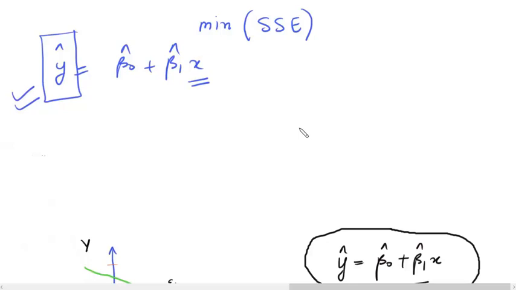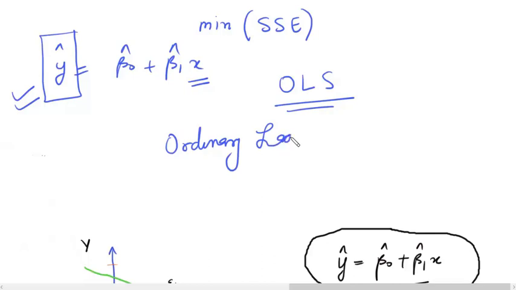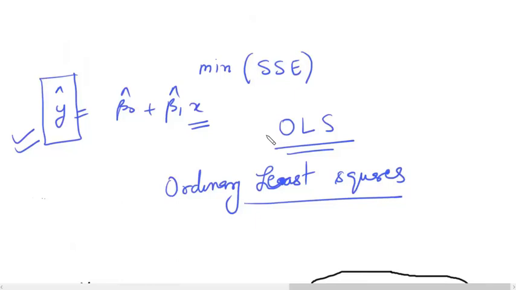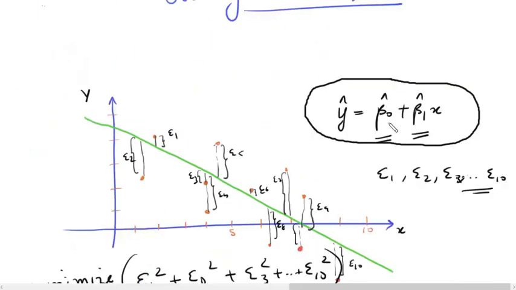This entire process that we just discussed is known as OLS, ordinary least squares. It is called ordinary least squares because we are calculating the squares. So linear regression follows the ordinary least squares algorithm, which tries to minimize the sum of squared errors, and in that process it calculates the values of beta naught hat and beta 1 hat, which helps it arrive at the equation of the line used to make predictions.